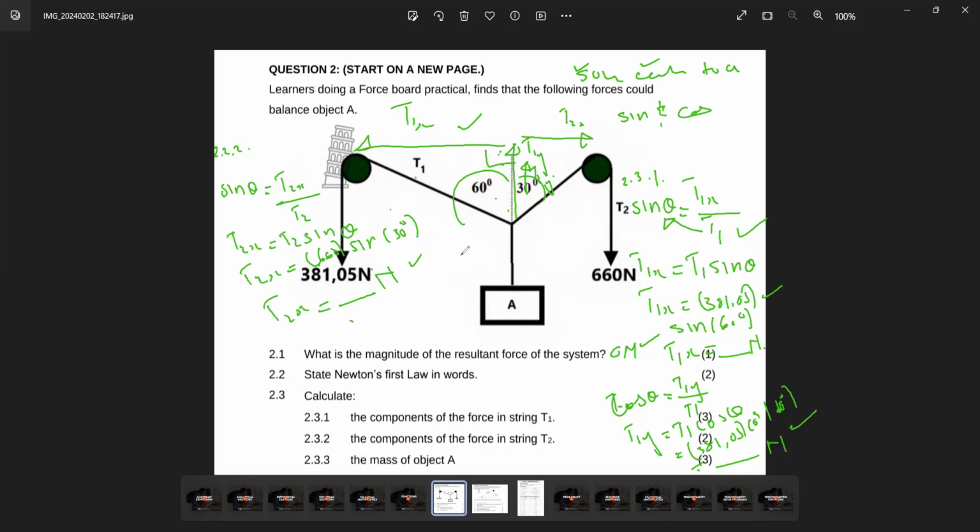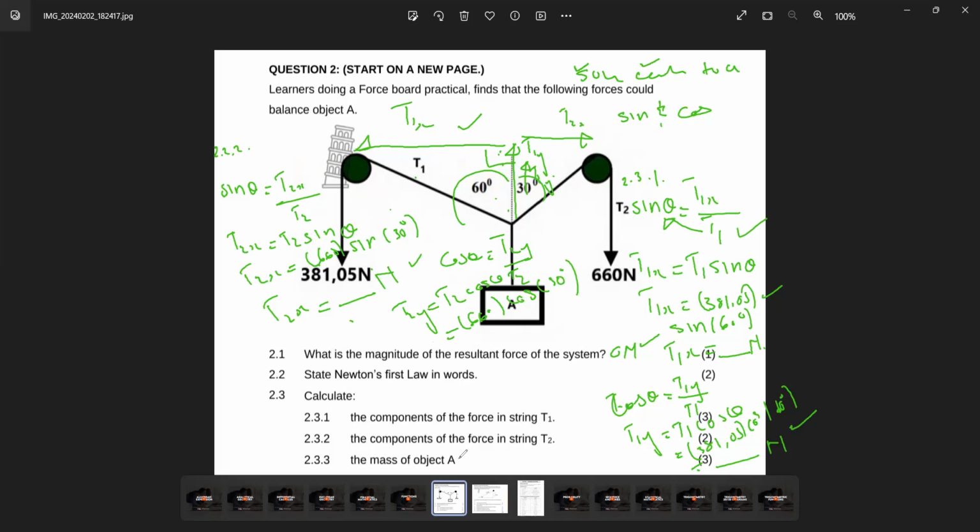So cos theta equals T2y divided by T2, so T2y equals T2 cos theta. Then you substitute 660 Newton cos 30 degrees. That is how.